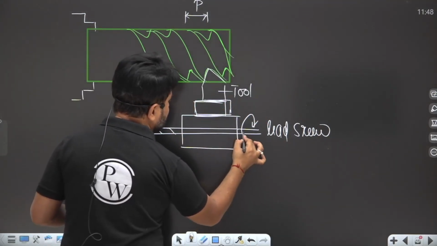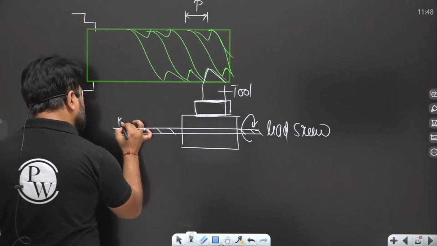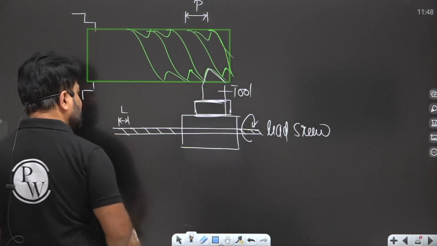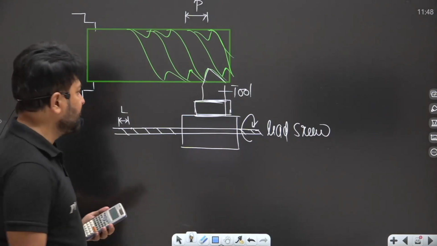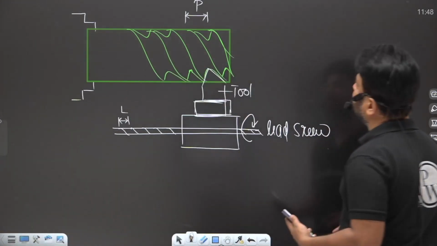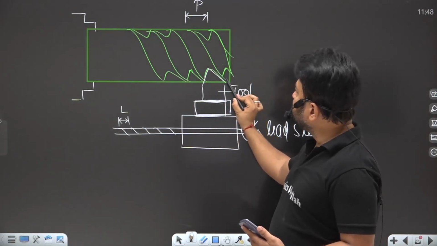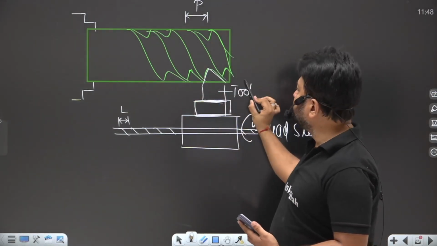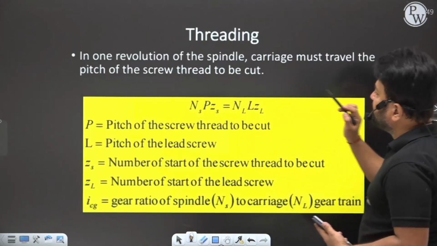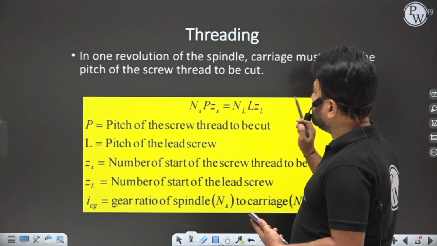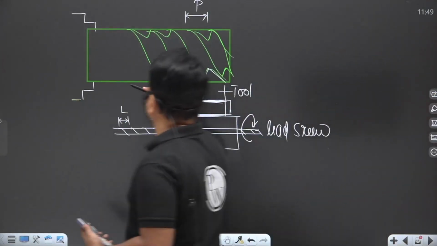The lead screw has its own pitch, let's say L. So to cut the desired pitch P, the tool should move according to the workpiece, that much length the tool should move. So P is the pitch, NS, basically NS is what?